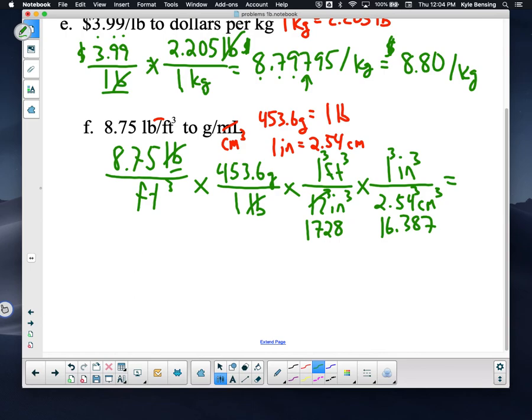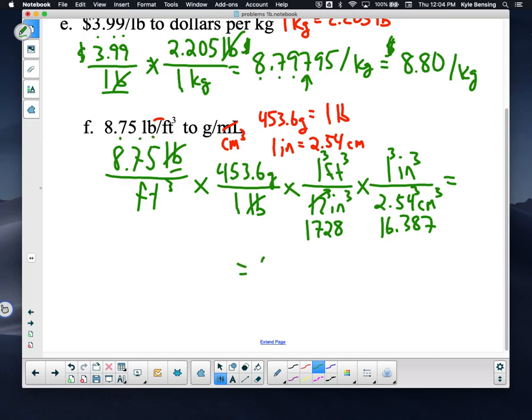So 8.75 times 453.6 equals, divided by 1728 divided by 16.387 equals. I start off with 3 significant figures, so that's what we're going to round off to.